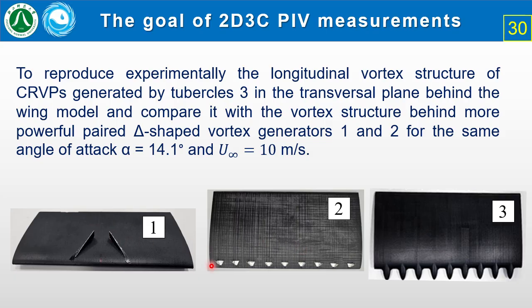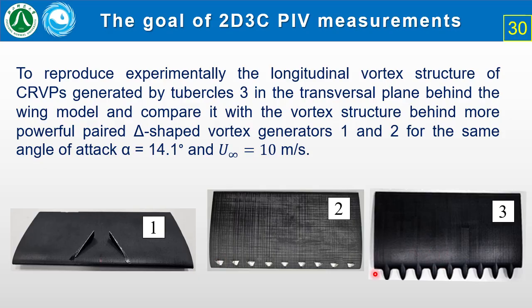The model 2 contained the array of smaller paired vortex generators with lengths of 10 millimeters and height of 4.5 millimeters installed in the neighborhood of the leading edge. The distance is 10 millimeters.